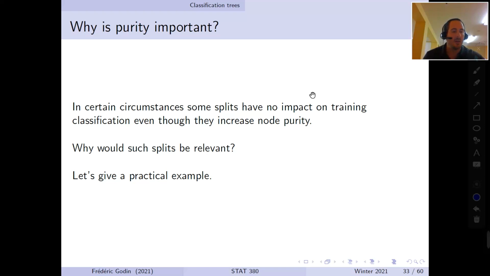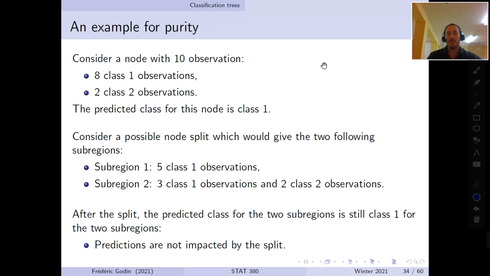Let's say we have a given node or region with 10 observations. 8 of them are within class 1 and 2 of them are within class 2. For this region, you would classify as class 1 if you want to minimize the error rate, with an estimated probability of 80% of being class 1 and 20% class 2. Let's consider a possible split which would give you the following outcome.